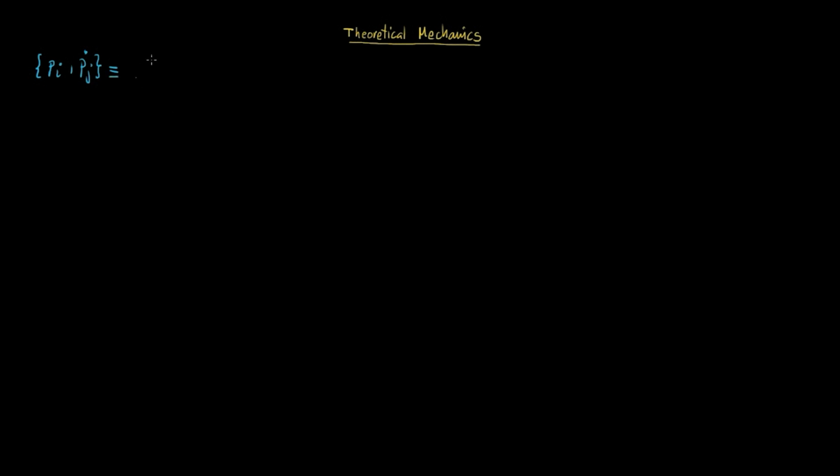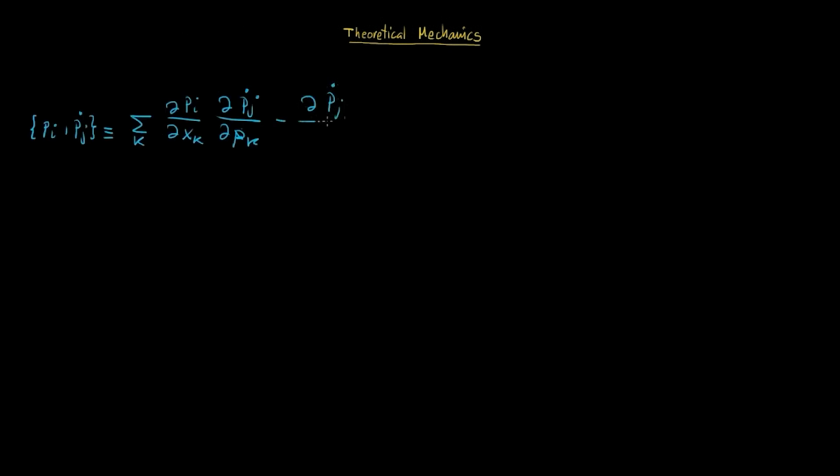Let's apply the definition, the sum over k of partial p_i with respect to x_k partial ṗ_j with respect to p_k minus partial ṗ_j with respect to x_k partial p_i with respect to p_k.